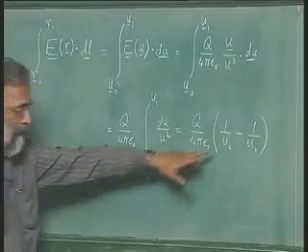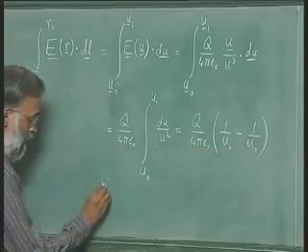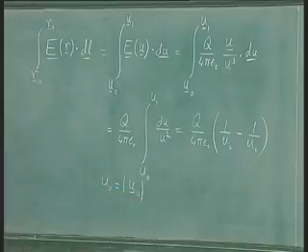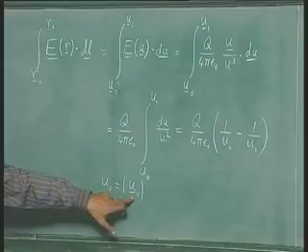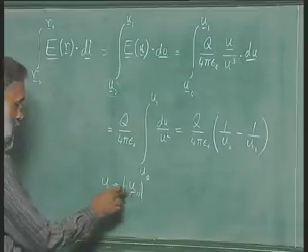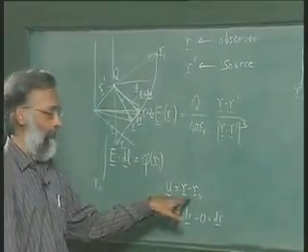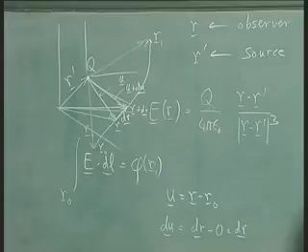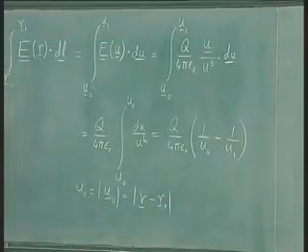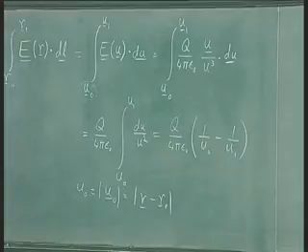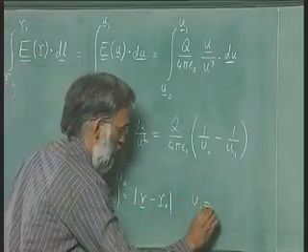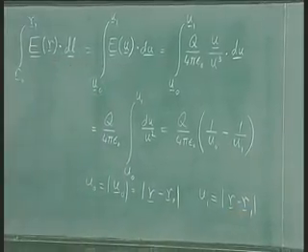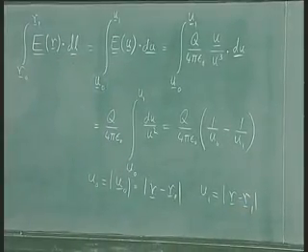But what is u naught? U naught is the magnitude of the vector u naught, is the radial length. So, that is the magnitude, but u naught itself is defined by this equation. Sorry, I think I made a mistake there.